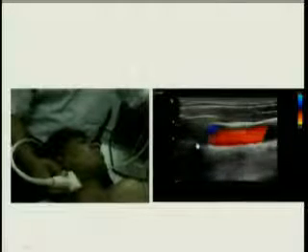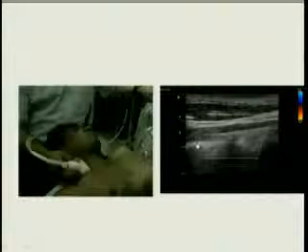On top of that, if you put a Doppler flow pattern on top of this evaluation by using duplex scan, the external carotid will be a high resistance vessel, and the internal carotid will be a low resistance vessel.